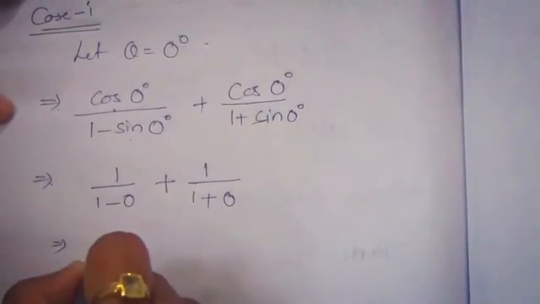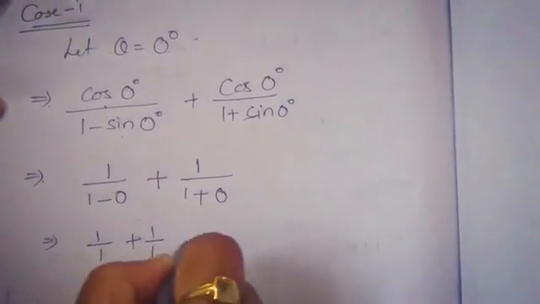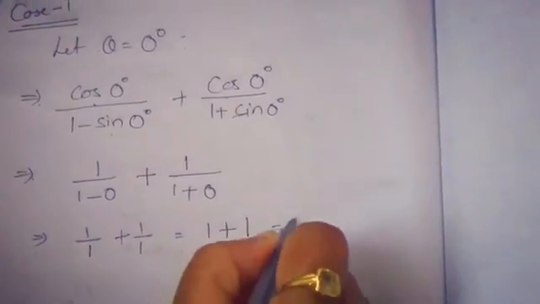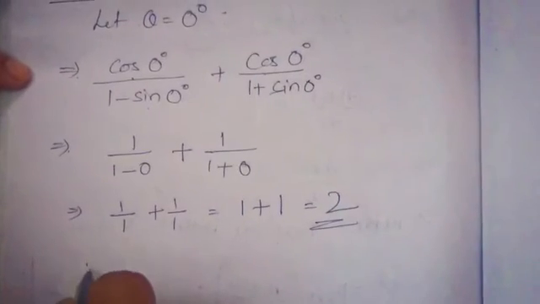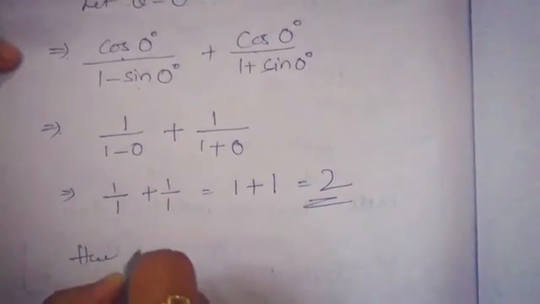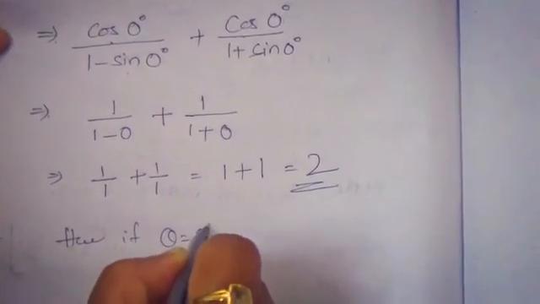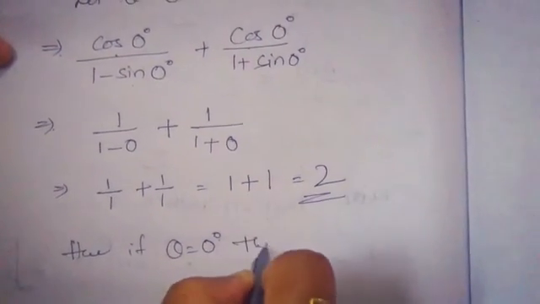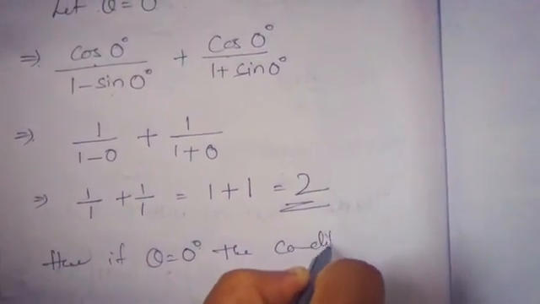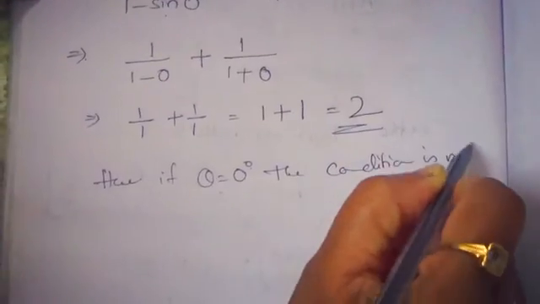That is 1 by 1 plus 1 by 1, that is 1 plus 1, that is equal to 2. Is it true? No. If theta is equal to 0 degrees, the condition is not satisfied.